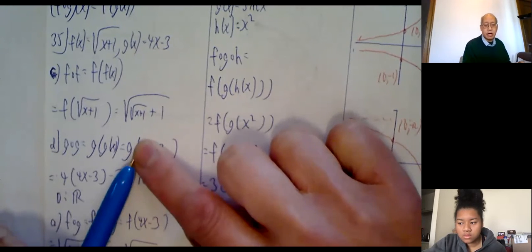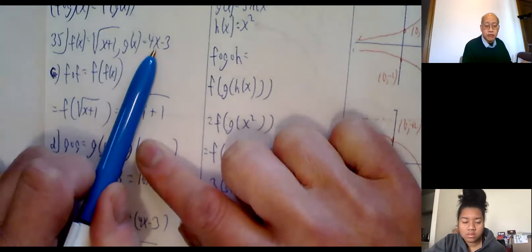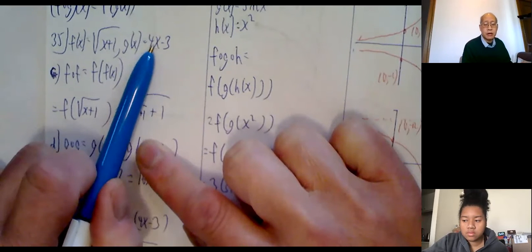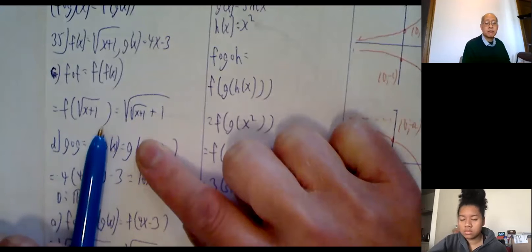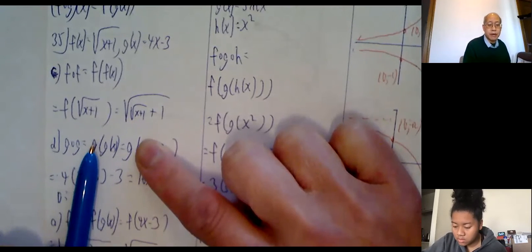And now again, maybe I'll cover it up. So same game. Whatever's behind my finger goes right there, be it easy or hard. If it's a number like 7, I put a 7 there. So it's 4 times something minus 3. So there's the template. Look down here. It's 4 times whatever's behind my pen minus 3.